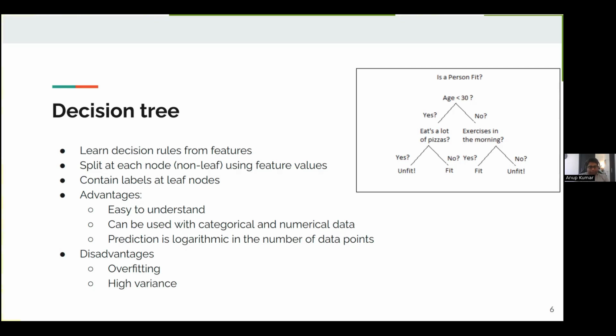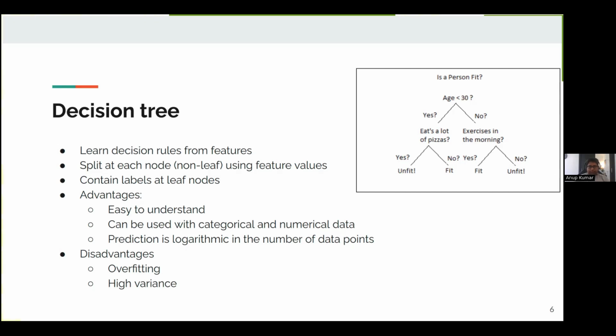The disadvantages of a decision tree are mitigated by using a collection of decision trees, where each decision tree makes a prediction, and then the final prediction is based on the average prediction of these many decision trees, or on taking the majority vote.